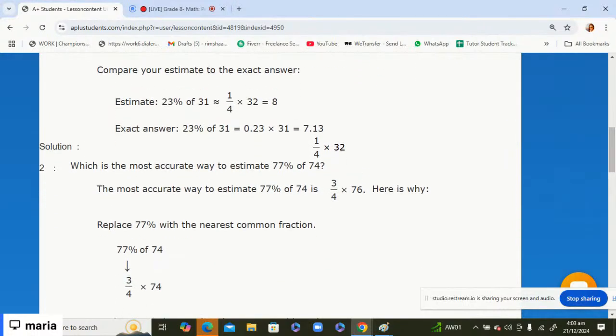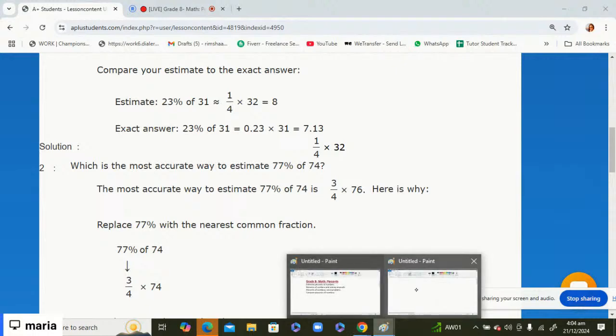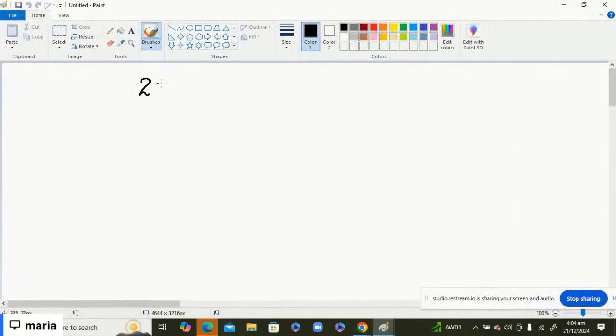23% of 31, what is 23%? That is 23 divided by 100, which is 0.23, and multiply with 31. That is 7.13. 23% of 32, for example.